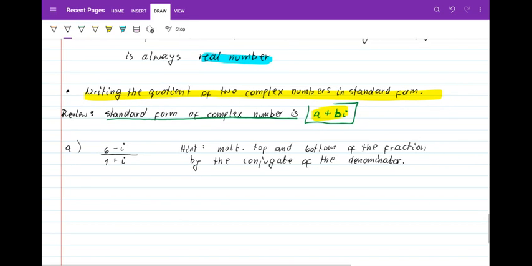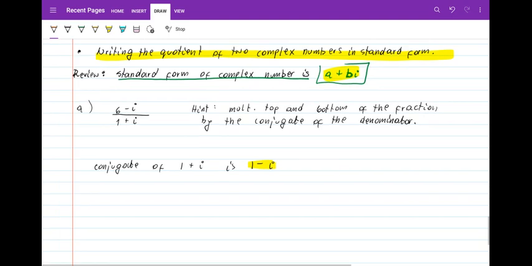Always. In our case, the conjugate of 1 plus i is 1 minus i. So we're going to multiply top and bottom by 1 minus i.